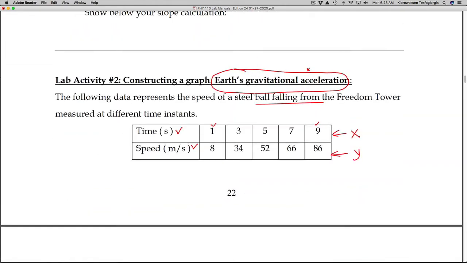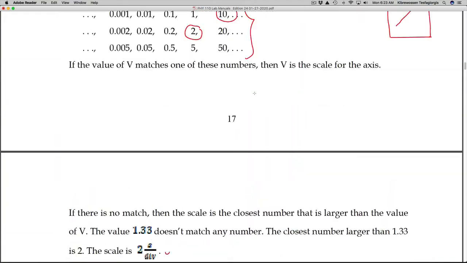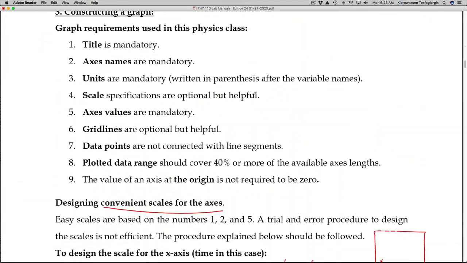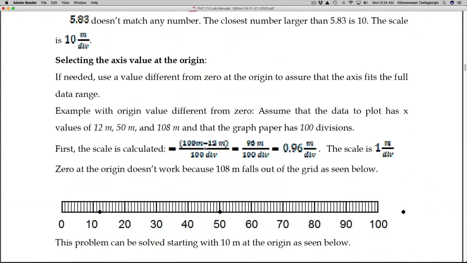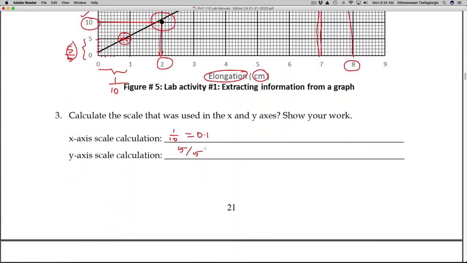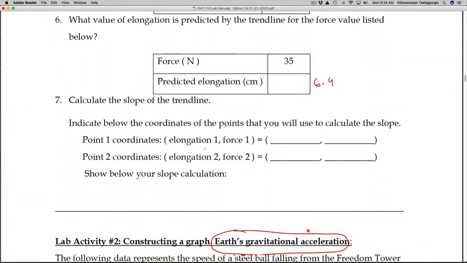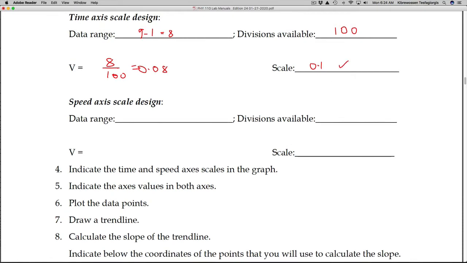This is page 23. If you scroll up to here, if you look at it here, for instance, for our experiment, I would pick this value, right? So you go ahead and pick that value as your convenient scale.